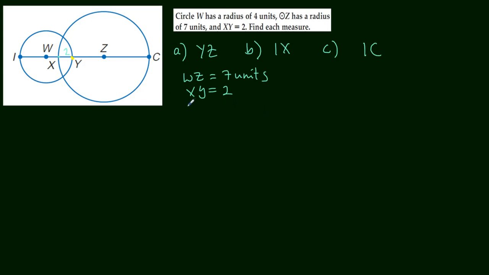That means WX is equal to the radius of 4 units, 4 minus 2. That's units. This is also units.